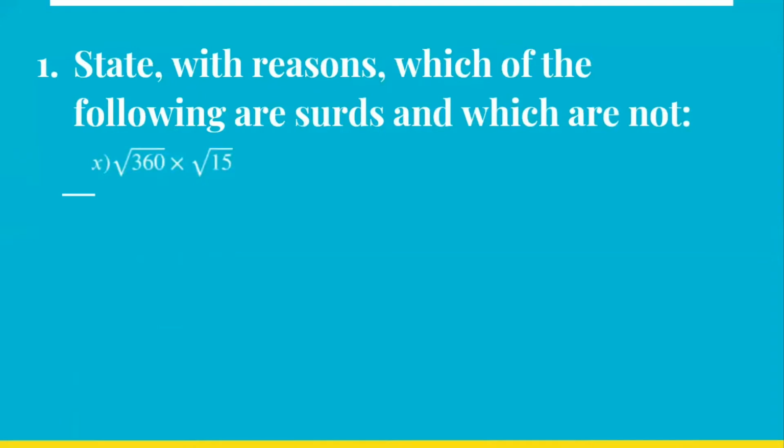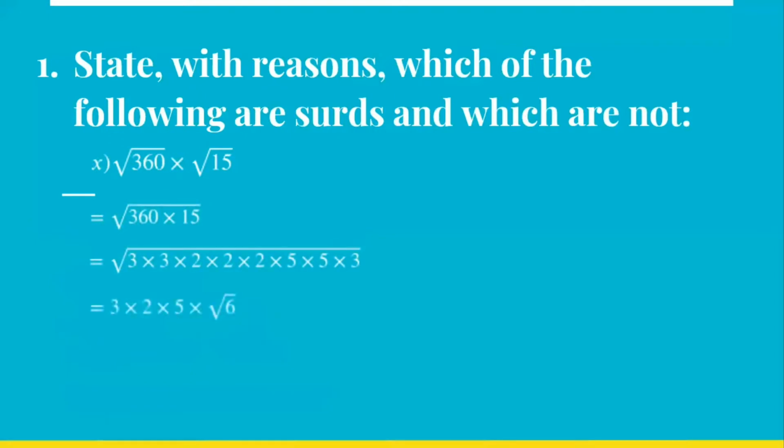It is root of 360 into root of 15, which is root of 360 times 15. When we find the prime factorization of 360 and 15, we can see that when a pair of 3s comes, 3 comes out. Out of these 2s, this 2 has come out.